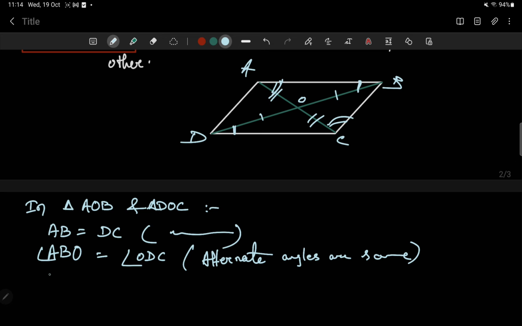Why? Same reason. Angle BAO is equals to angle DCO. Why? Same reason.